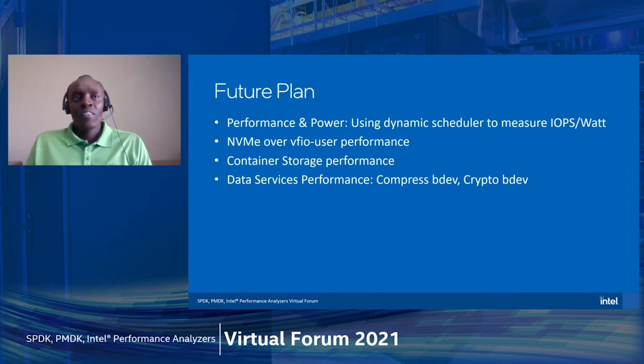And now let's take a look at some of the future plans that we have for our performance benchmarking effort in the SPDK community. The first thing that we're looking at is using the dynamic scheduler and reporting IOPS per watt metric. So today, all the benchmarking we do, we use the static scheduler. And what that means is our benchmark application or the applications we're benchmarking, they use 100% of the CPU cores that are assigned to them.